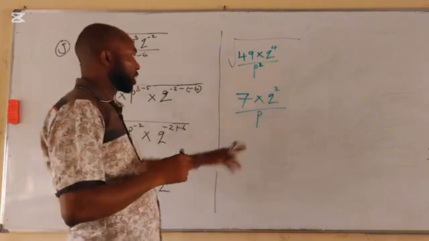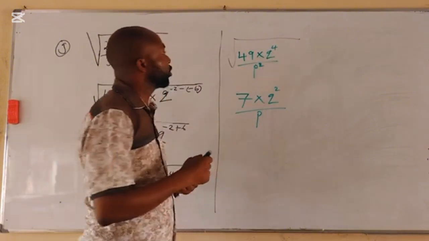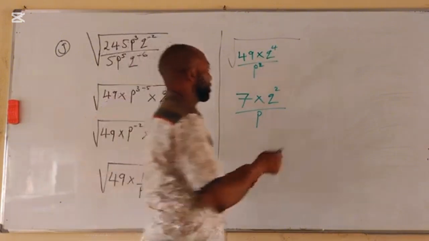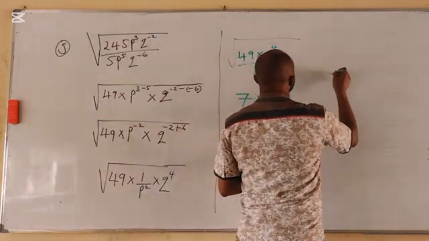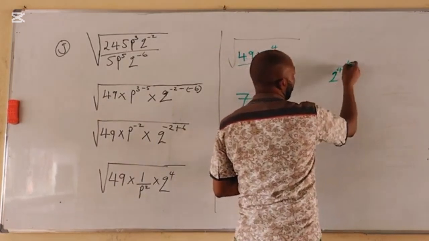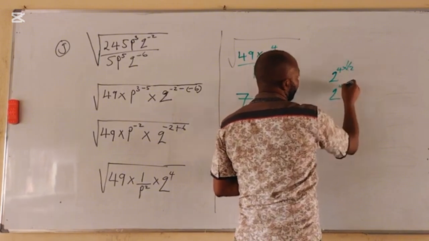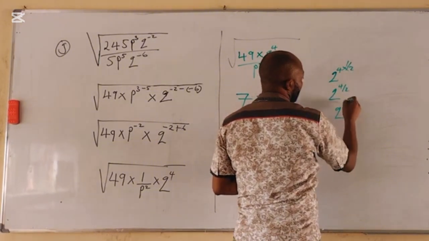Let me explain this. Let's start from here. The root of q raised to the power 4 is q squared. The root is the same thing as raising to the power 1 over 2. So if I multiply, q raised to the power 4 times 1 over 2 is 4 over 2, which is q raised to the power 2.